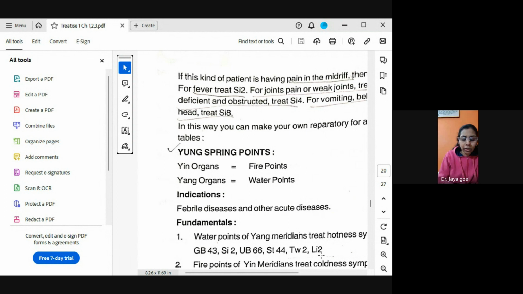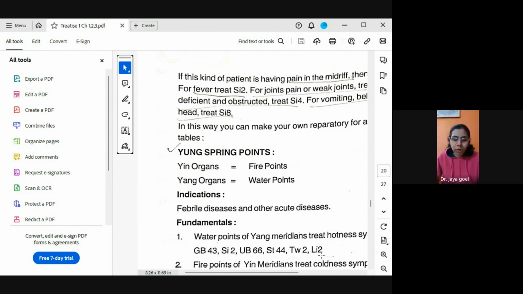The 5 Shu Points are the 5 points on each meridian. We have 12 meridians and 5 on each, that means 60 in total, and we call them the 60 command points.